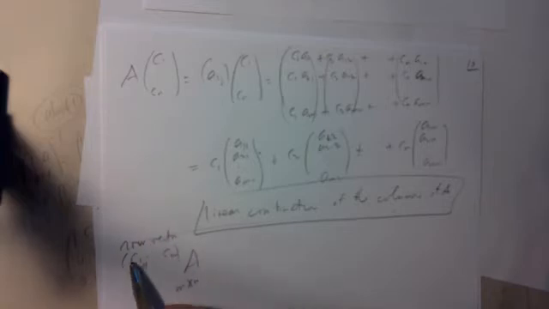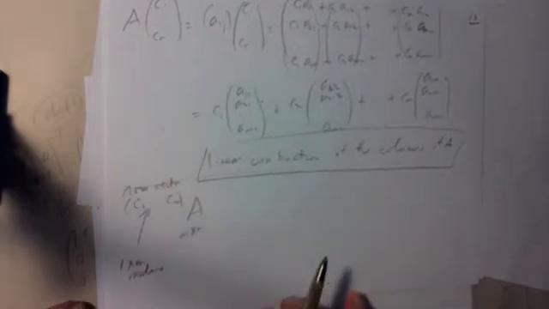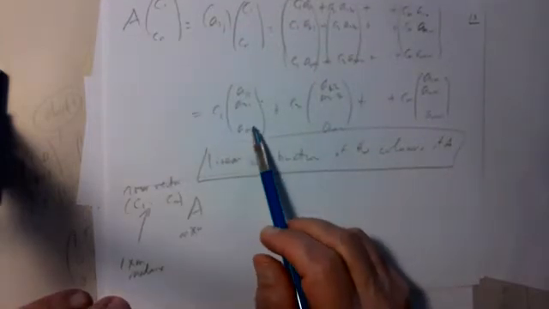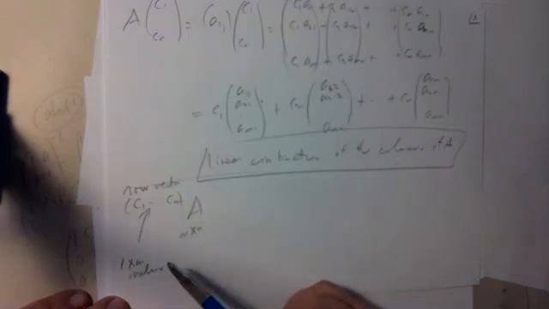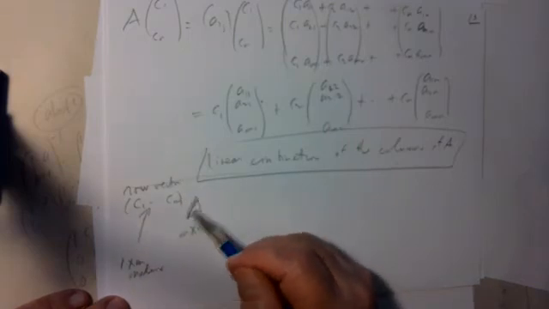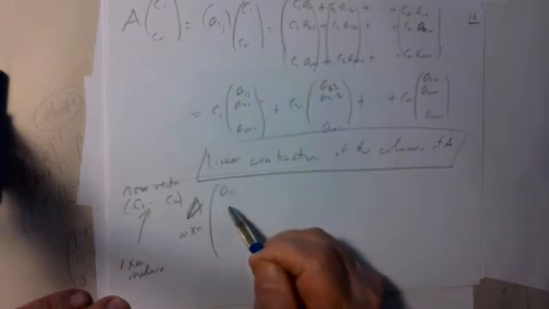This has one row and m columns. This is a 1 by m matrix. Right? A column is an n by 1 matrix. A row is a 1 by m matrix. One row, m numbers. And here you have your matrix.